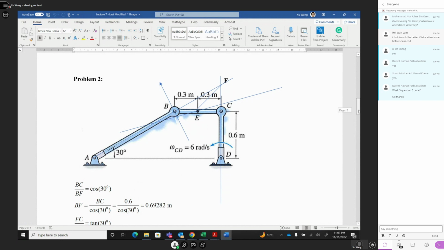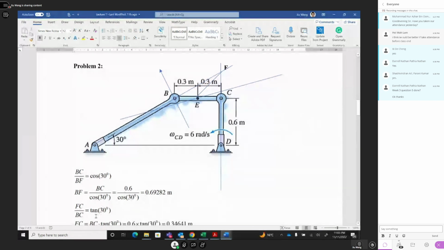And also FC divided by BC is tangent 30 degrees. This is 30 degrees, right? Why? Because this angle equals this angle, these are parallel, it's 30 degrees. So tangent 30 degrees equals this one divided by this one, FC divided by BC.